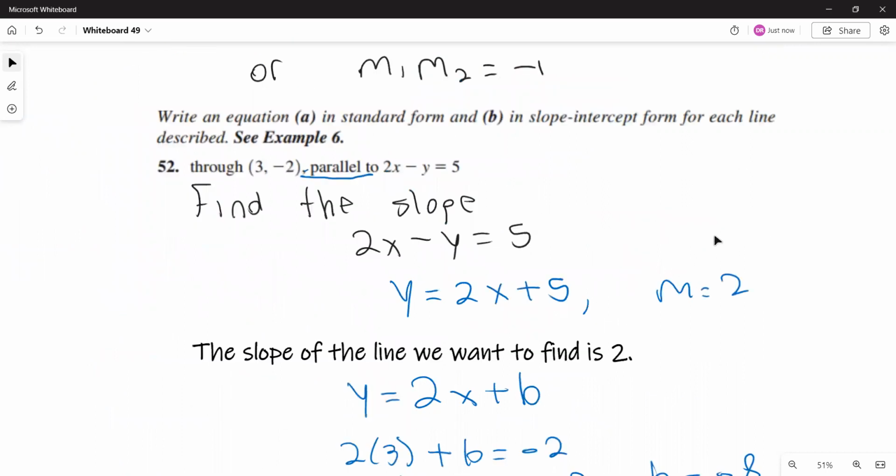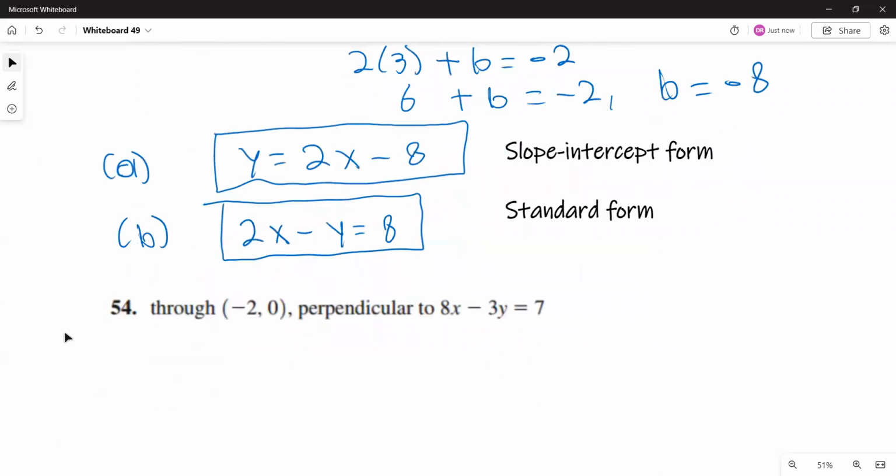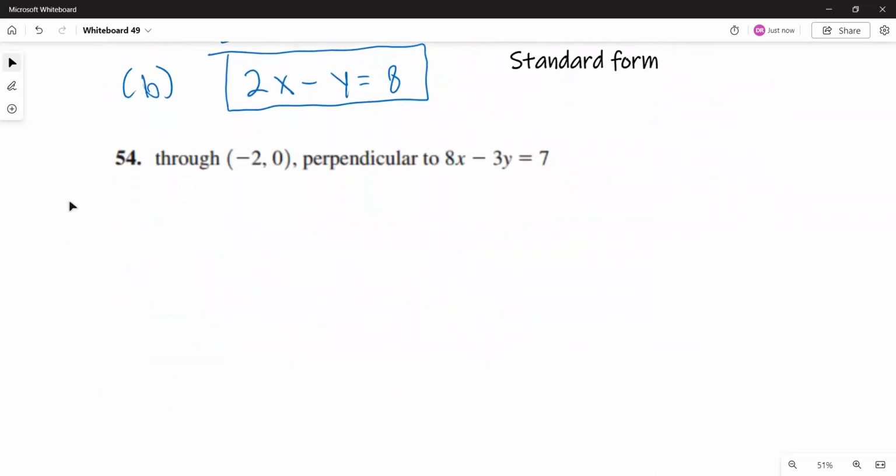Write an equation in standard form and in slope-intercept form for each line described. So actually what I did, I first did part B and then part A in the first example. And we're going to do the same. So the first step is to find the slope.